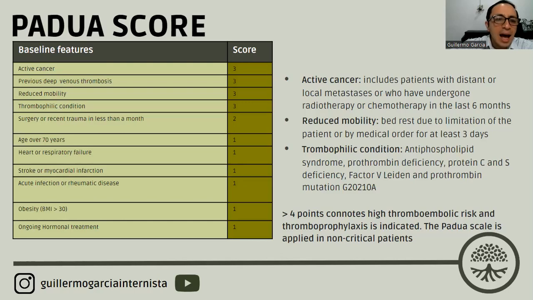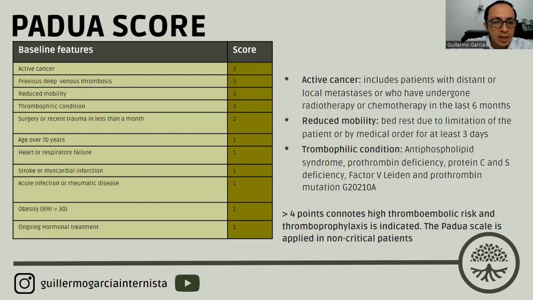To clarify, active cancer also includes patients with distant or local metastases or who have undergone radiotherapy or chemotherapy in the last 6 months. Reduced mobility is considered bed rest due to limitation of the patient or by medical order for at least 3 days.